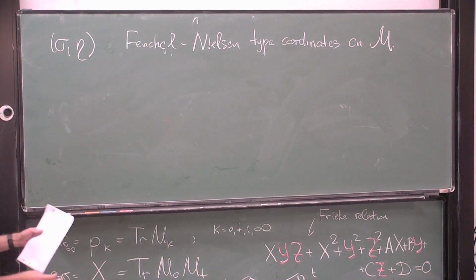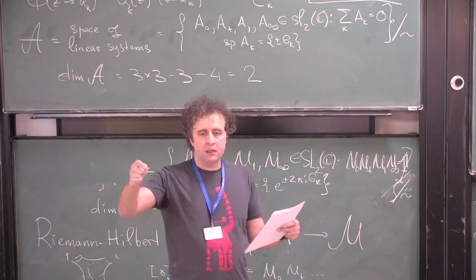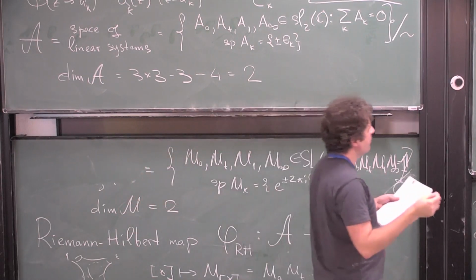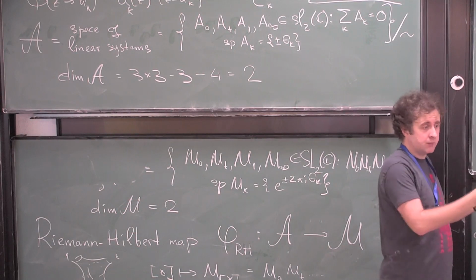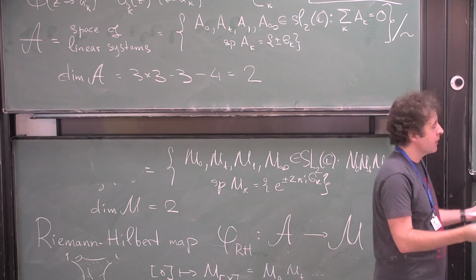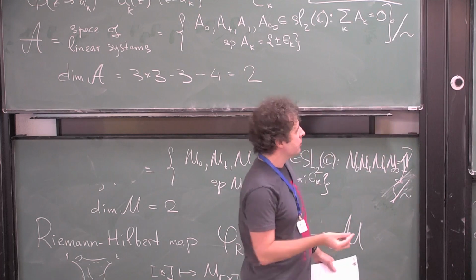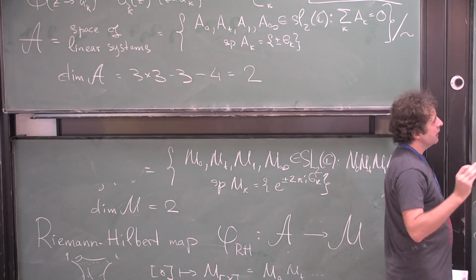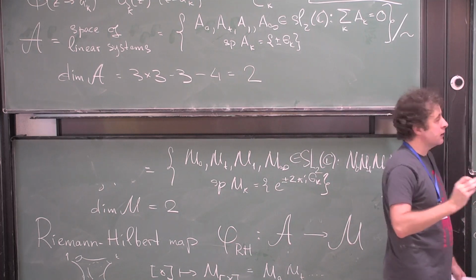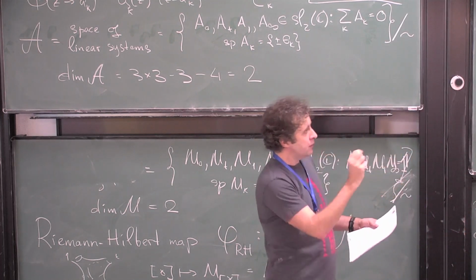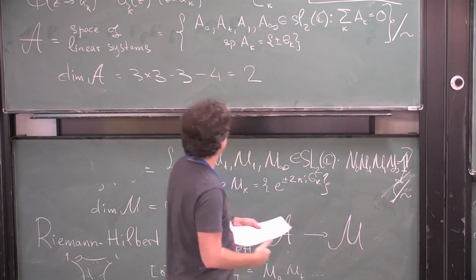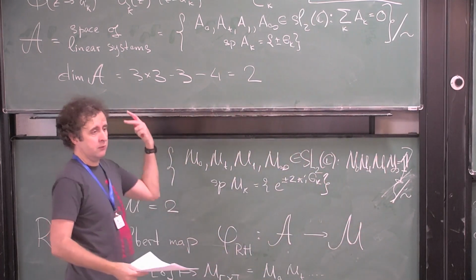And now look, so far the parameter t, the position of this fourth singularity not fixed by Möbius transformation, was just some fixed constant. But now we can ask the following question. Suppose that we want to have the monodromy fixed, but we deform this parameter t and try to see what happens at the level of our Fuchsian system.